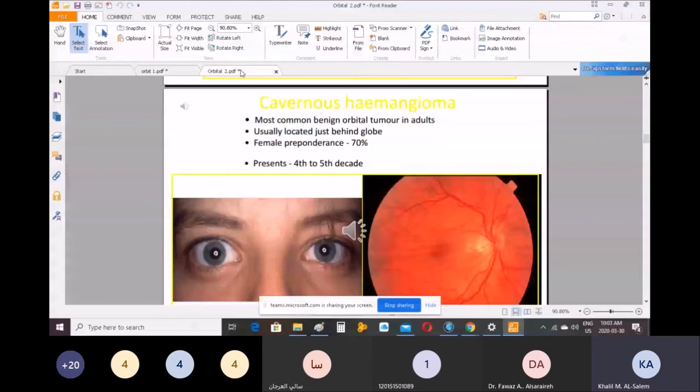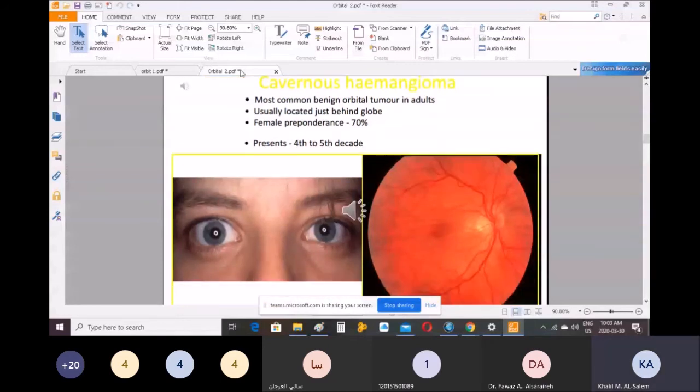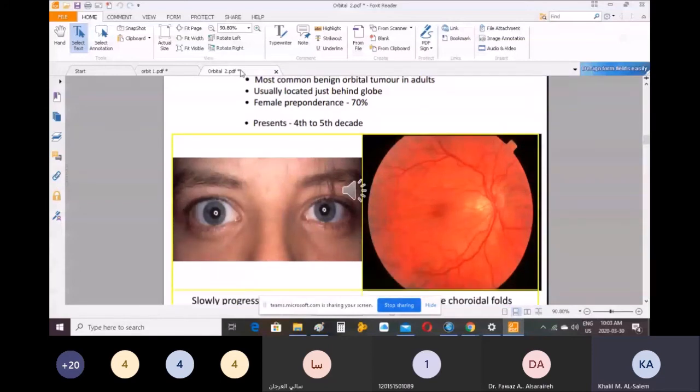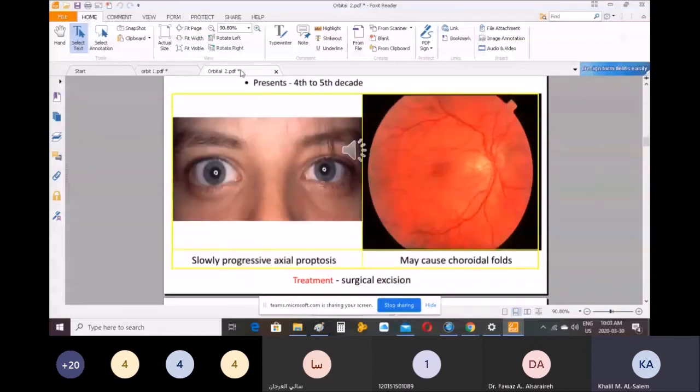70% of those are females, and usually we treat them with cryotherapy. You excise them with cryo because you need to freeze the blood inside the cavernous hemangioma.